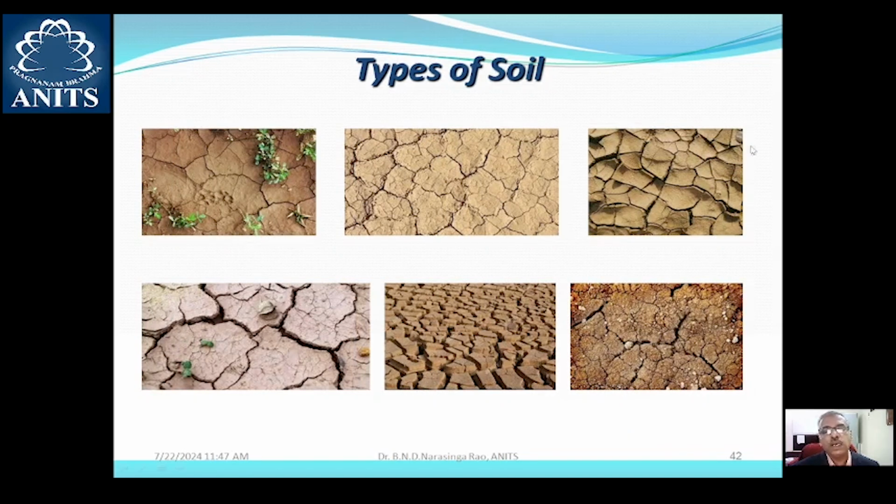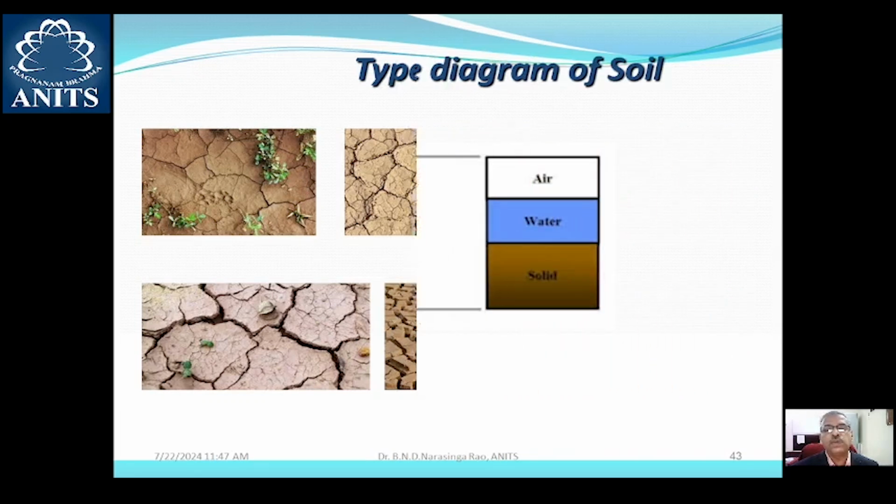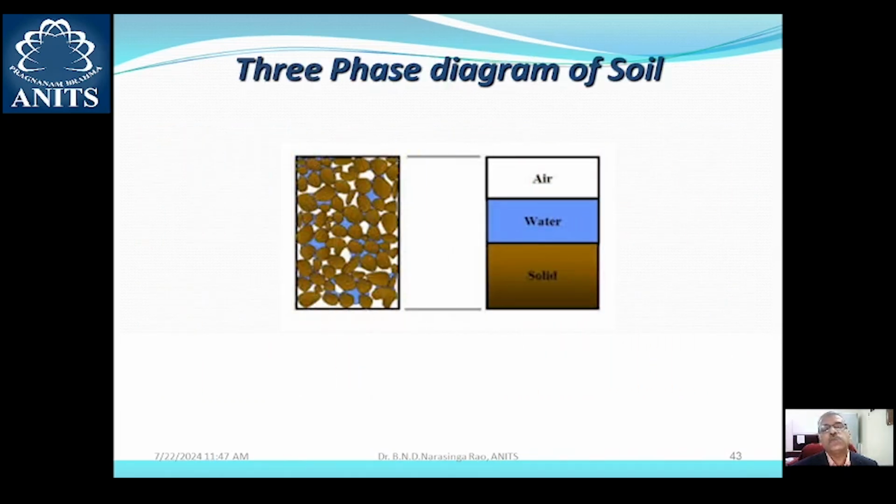If you look at the soil, what you find is you have solid particles in the form of groups of particles, and you also have void space between the groups of particles. So this leads to referring to soil as a three-phase system.